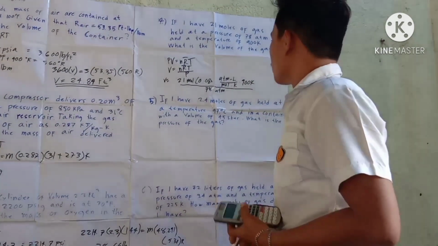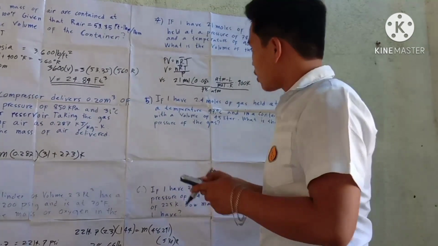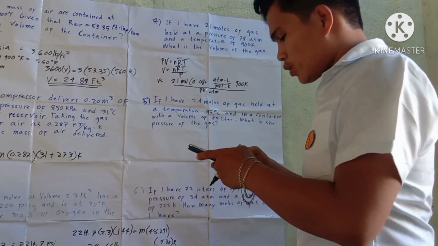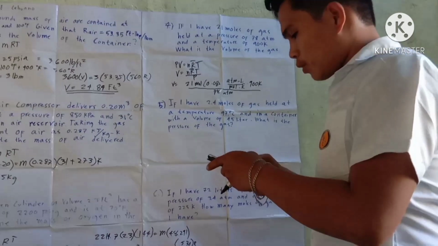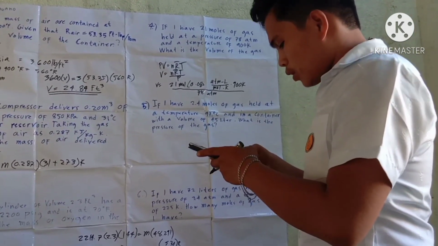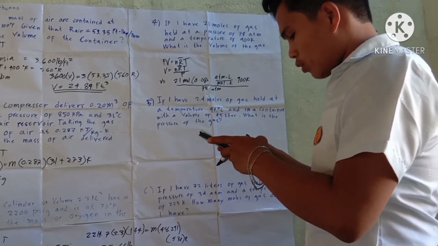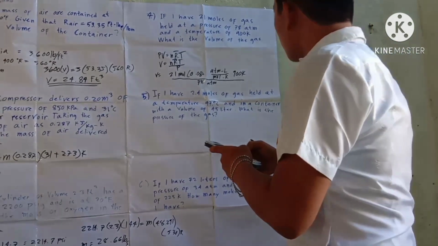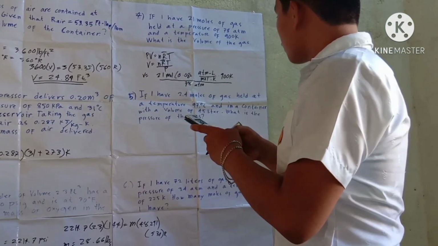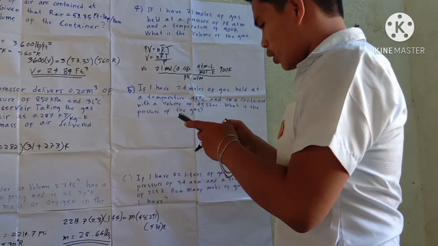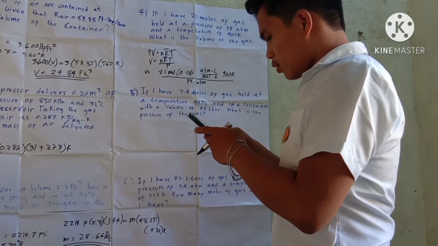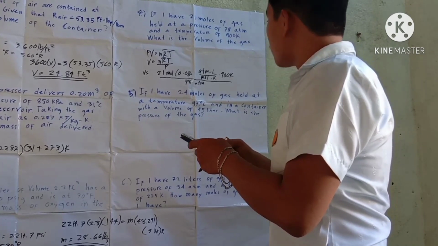Then in order to get the final answer of volume, we need to shift solve. So x equals 21 mole times 0.082 times 900 over 78.